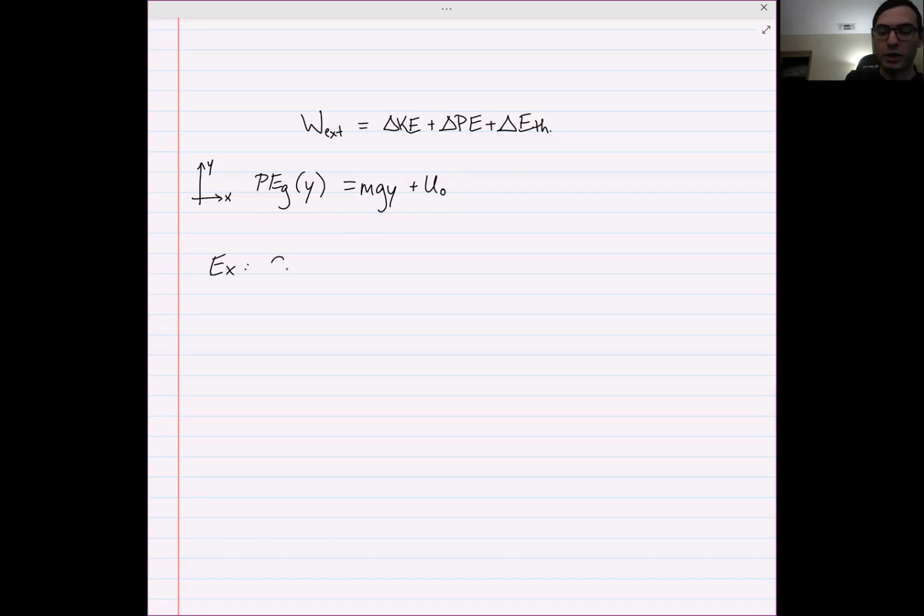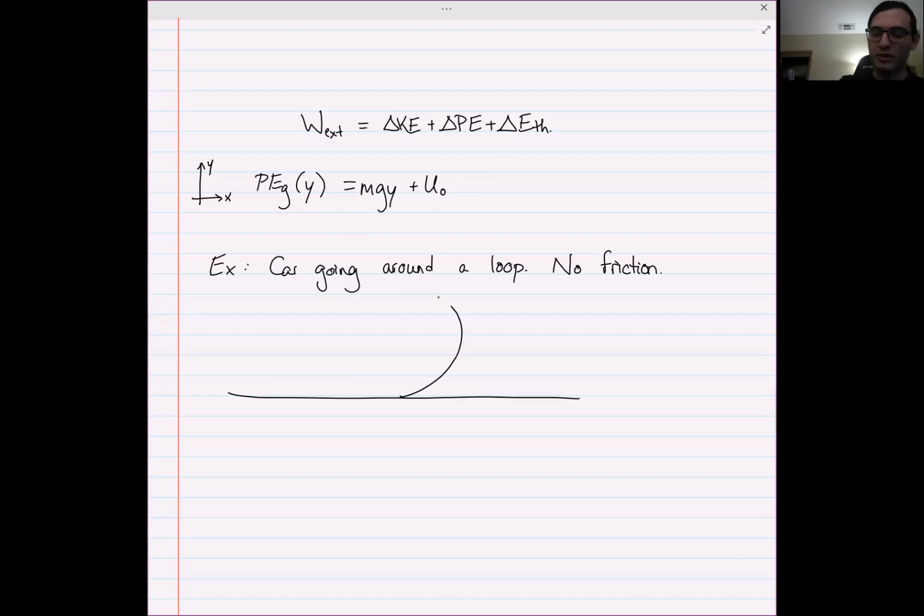So imagine that we have a car going around a loop. And we're going to assume that there's no friction. So the scenario that we have is we have our track, we have our loop, and we have our little car, so assuming it's a box.